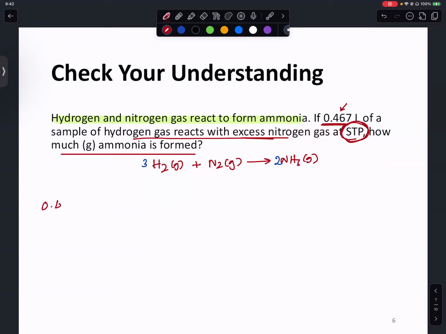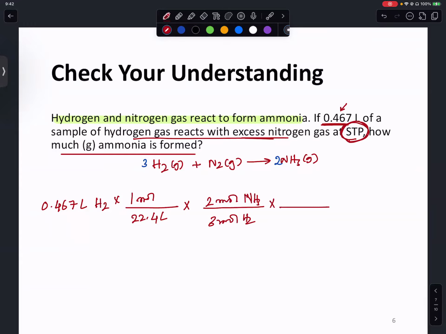We can say 0.467 liters of hydrogen, and here 1 mole over 22.4 liters, times 2 moles of ammonia. So for every 3 moles of hydrogen, I have 2 moles of ammonia reacting. And finally, it wants the grams of ammonia, so I'm going to use the molar mass of ammonia to convert to the mass of ammonia.